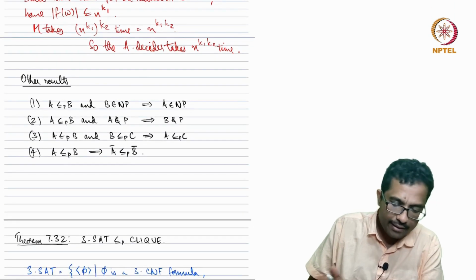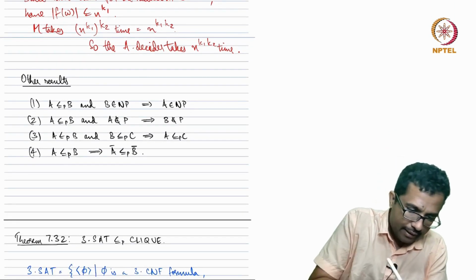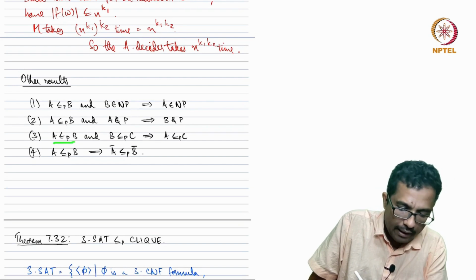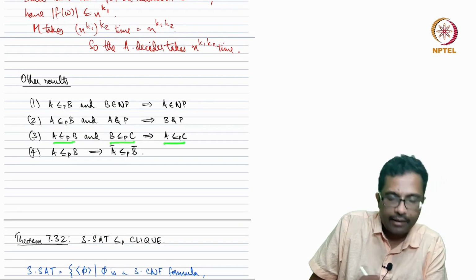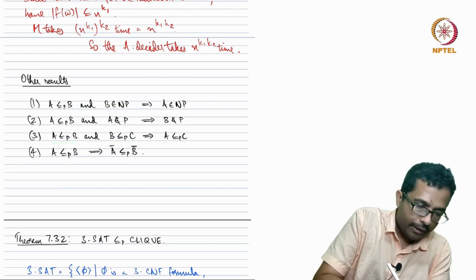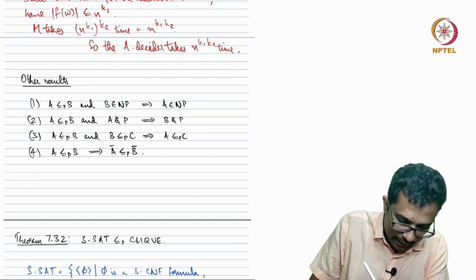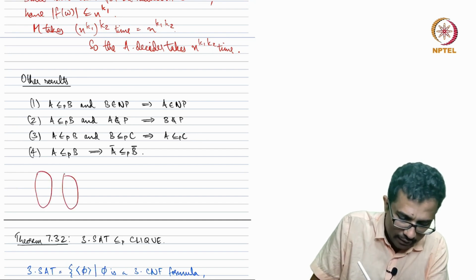The next thing is transitivity. Suppose A reduces to B and B reduces to C, then A reduces to C. Why is this true? Because we could just take the composition of the two reductions.